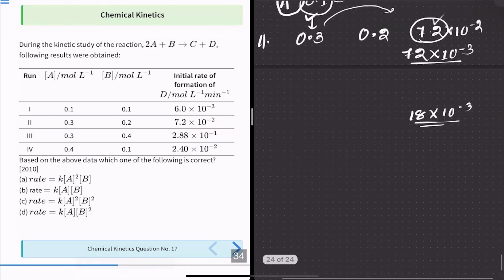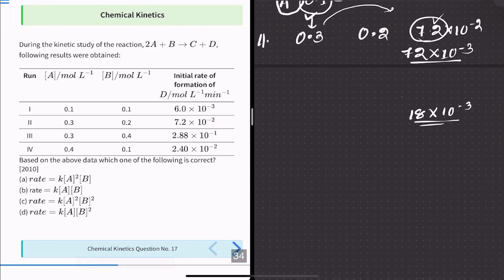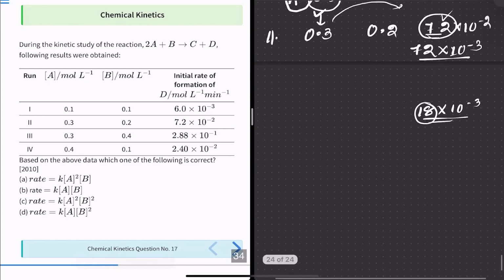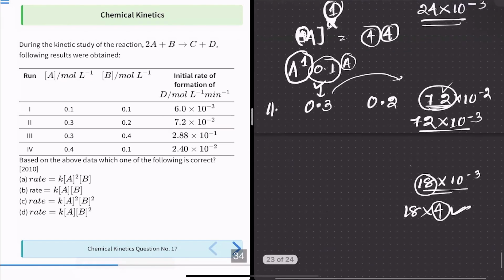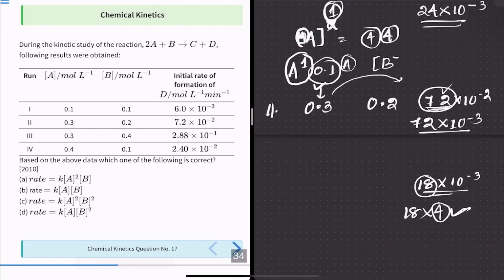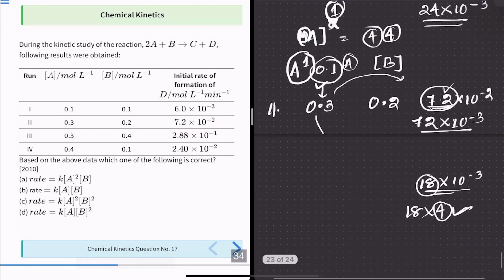So how much do we have to multiply 18 to get 72? 18 into 4 is 72, right? So it all depends on B concentration now, because we got 18 by multiplying by 3 for the increase in A concentration.